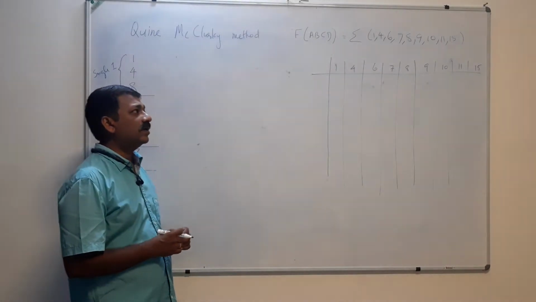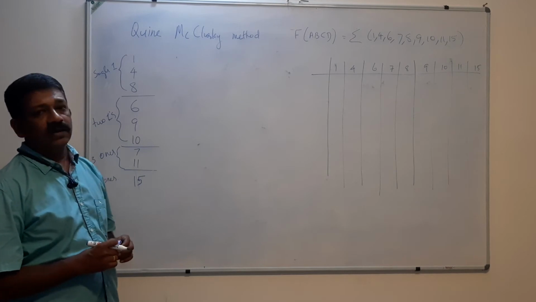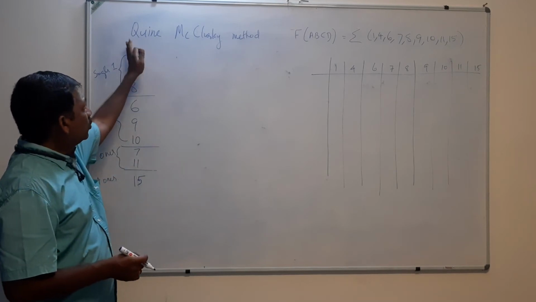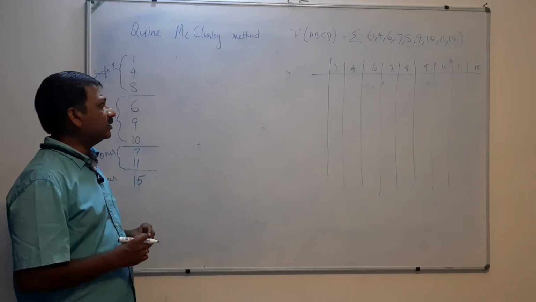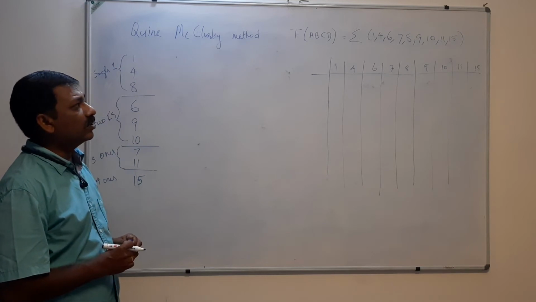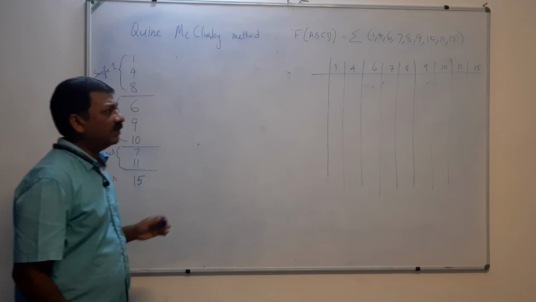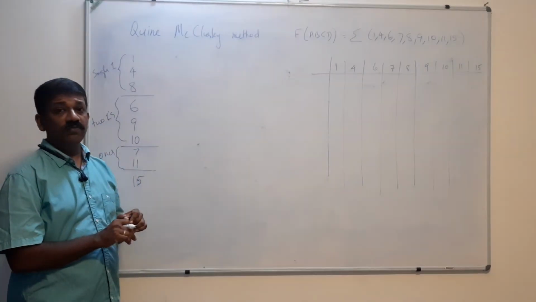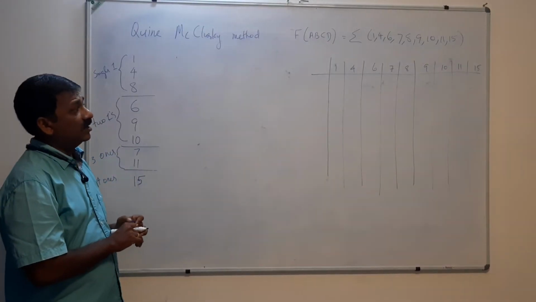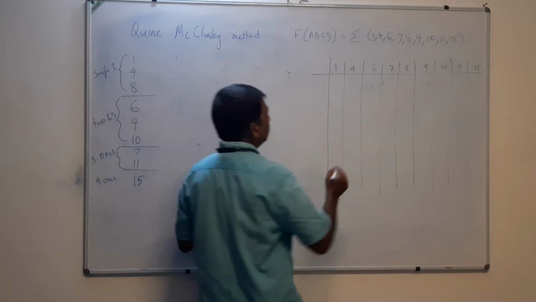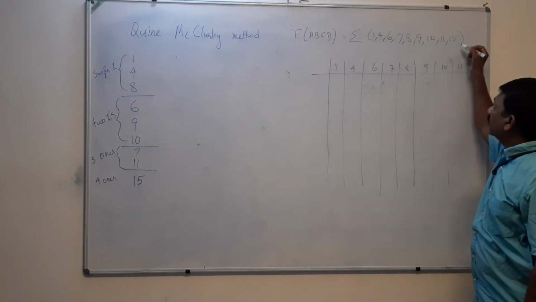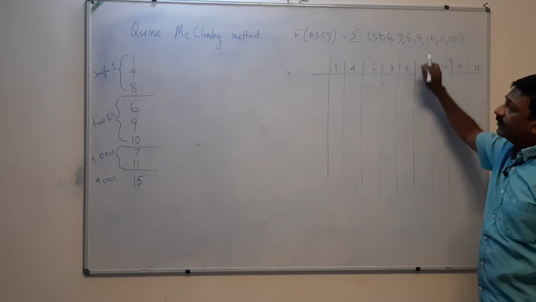But after that it is very difficult to use Karnaugh maps, and for that Quine and McCluskey developed another method, which is called the tabulation method or Quine-McCluskey method of simplifying Boolean expressions. Here these are the min terms 1, 4, 6, 7, 8, 9, 10, 11, 15. I am going to simplify that.